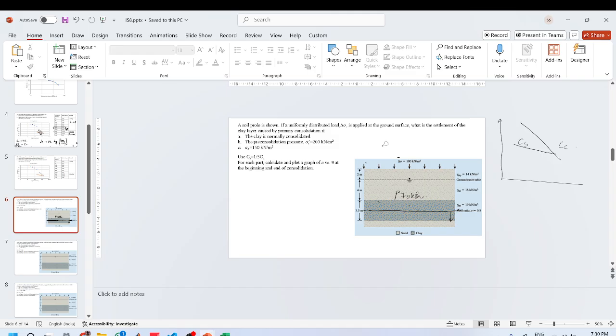I started delta sigma from 0 kPa. So from 0 to 70, the soil will act as OC. But from 70 to 100, it will act as NC. So on this increment of the load, I will have to use CC, while on this increment of the load, I will have to use CS.